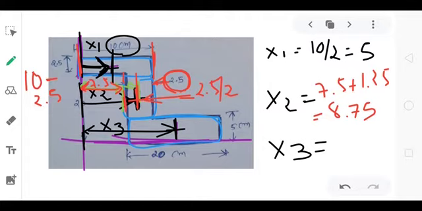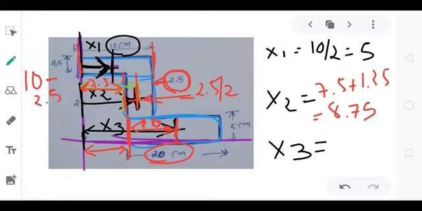Now what will be the x3? x3 again will be this much distance plus the distance between the center and this surface. The length of this rectangle is 20, so its center will be at 10.